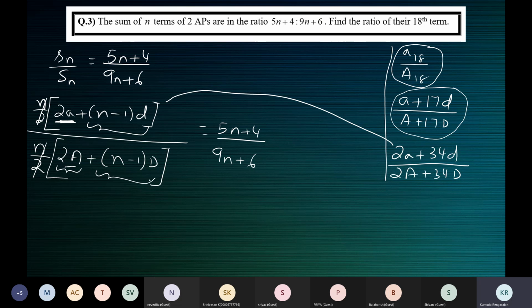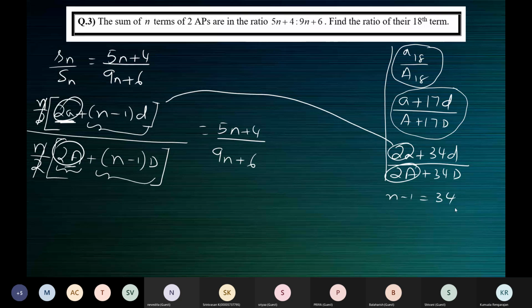Here the coefficient of d is n minus 1, and here it is 34 in both the numerator and denominator. So we'll equate the coefficients: n minus 1 should be equal to 34.